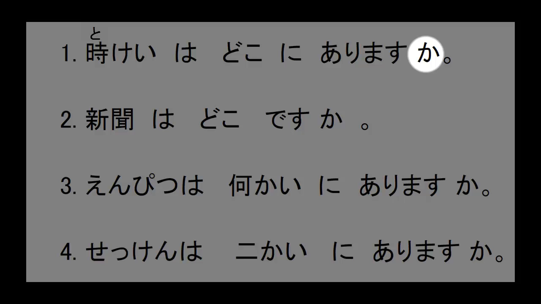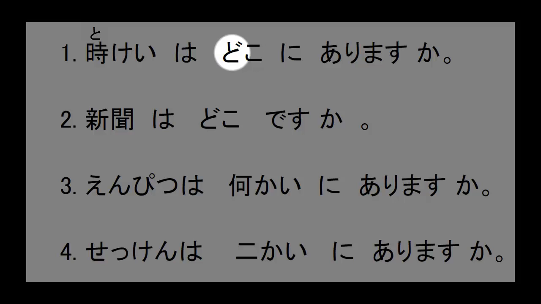Now in this kind of sentence, if you're going to mention the location, you need to include location particle ni. That tells you the location where the object is, where it exists. And this follows doko, which means where. So the final part of our question is, where is it? Where is it at?